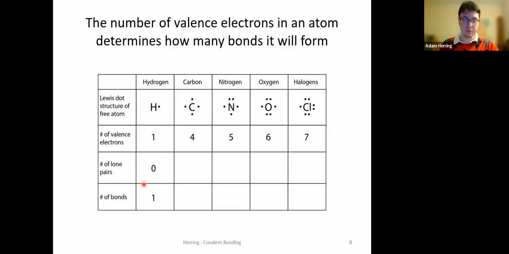So when you see these elements in molecules, carbon does not end up with any lone pairs of electrons, but rather it forms 4 bonds. Nitrogen will tend to have 1 lone pair of electrons and make 3 bonds. Oxygens will tend to have 2 lone pairs of electrons and form 2 bonds. And then the halogens will tend to have 3 lone pairs of electrons and will form 1 bond.